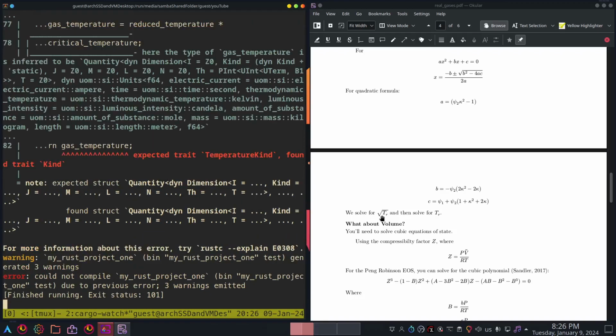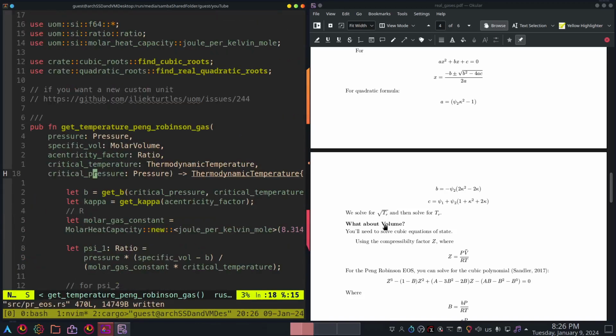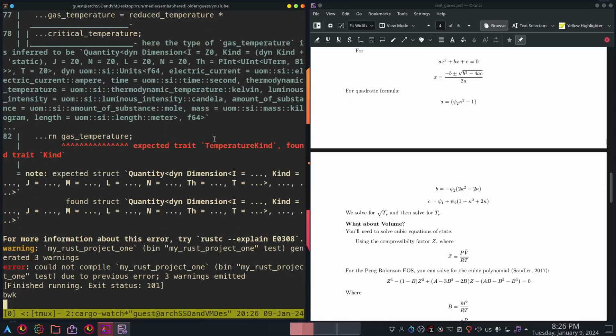Let's see what's wrong here. Okay, it's expecting a temperature kind, but I am getting a different kind. It says expected temperature kind, found a different kind.